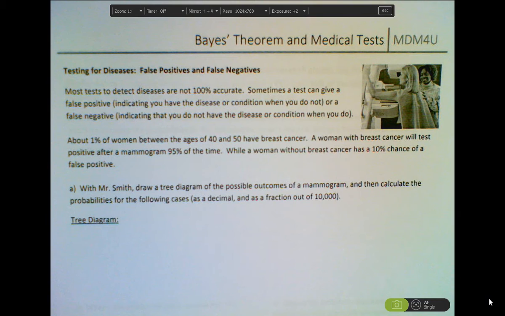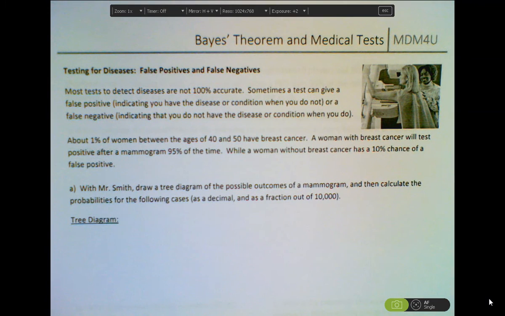In this particular problem, we're going to specifically look at breast cancer from a perspective of women between the ages of 40 and 50. The numbers I've used here I have pulled from an online resource. These kinds of medical facts you can get with any online journal. I've made them nice round numbers for our use.